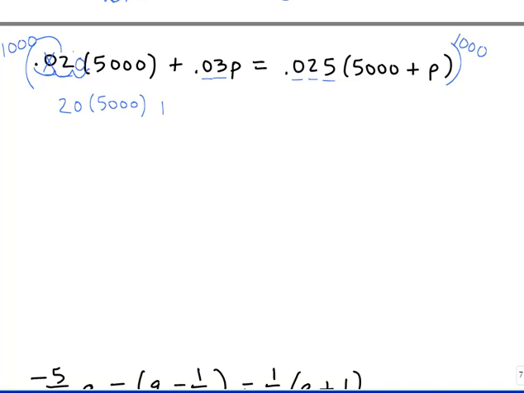We're going to bring down our plus, and now we're going to multiply this term by 1000. The p stays unchanged, just like our 5000 did, and we're only going to multiply the coefficient out front by 1000. So I move the decimal 3 spots to the right, past the 0, past the 3, and one more place over, so we have to add a 0, so this becomes a 30.